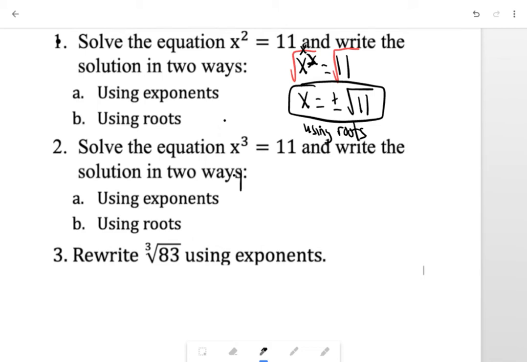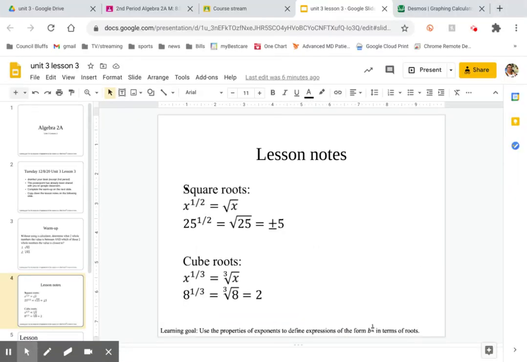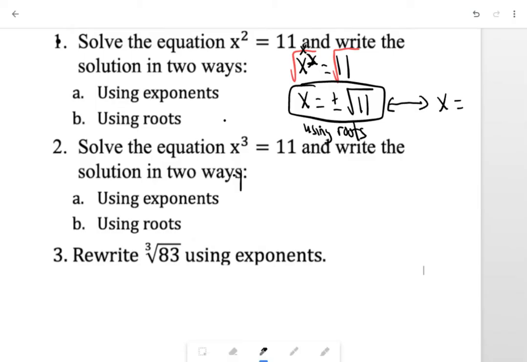Okay. Now, if I wanted to take that same solution and write that answer using exponents, I would go back to my lesson notes and use the fact that taking the square root of a number is the same as raising that number to the power of 1/2. So the only thing that will change is I will still have my plus and minus.